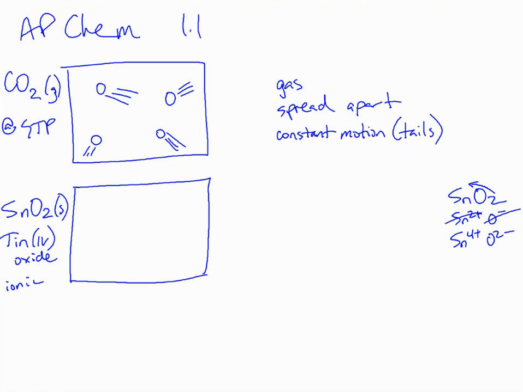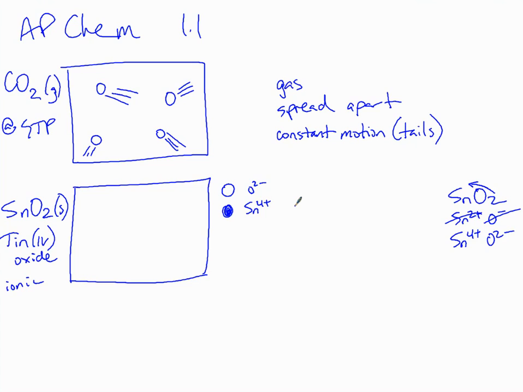I remember the name for it. It was crystal lattice. Weird name. I know, weird name. So here's what it's going to look like. I'm going to make a key for it. Here's my key. So the white circles are going to be oxygen, the dark circles are going to be tin.